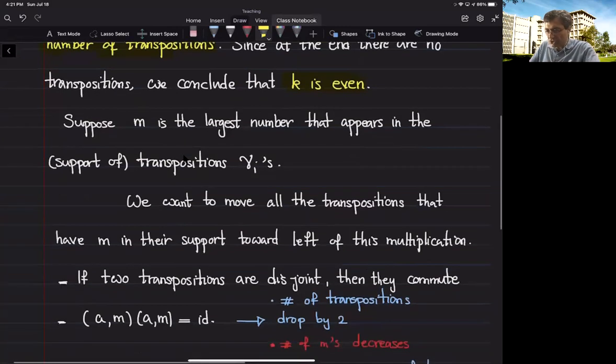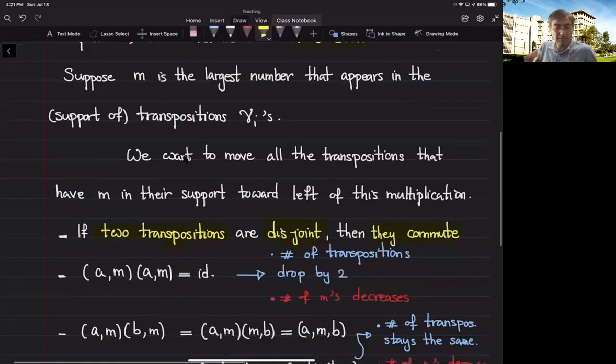If two transpositions are disjoint, you can simply switch the order of their appearance because they commute. Now, if they are not disjoint, then either they have 2 points in common in their support, and because they are transpositions, there are only 2 points in their support anyway. So if both are in common, they are the same transposition, and then I can simply cancel them out.